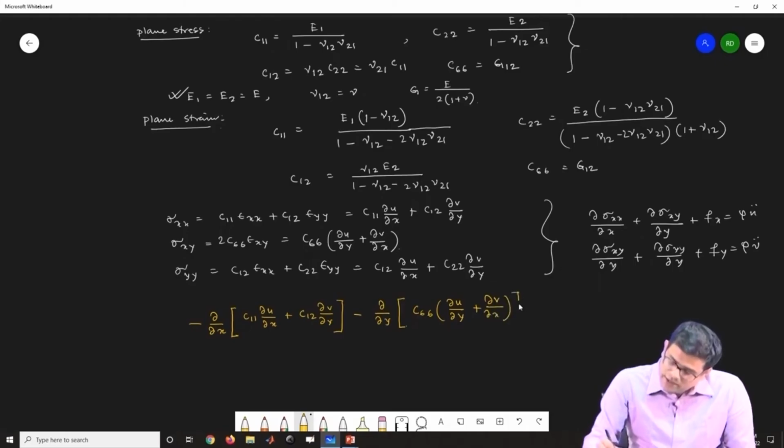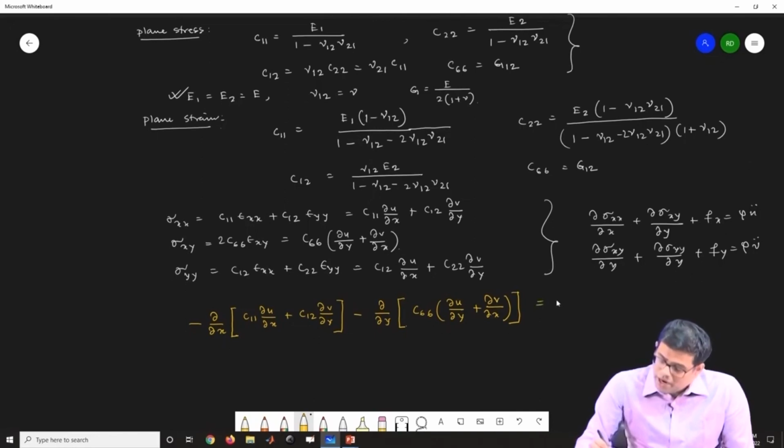So these are my two terms. Then that is equal to minus fx minus rho u double dot.